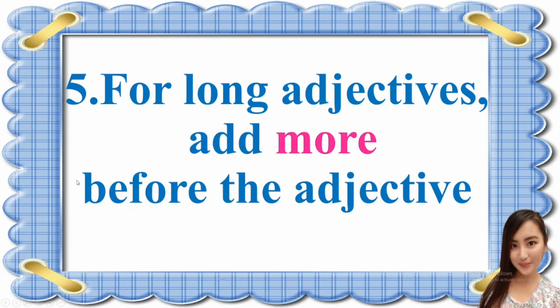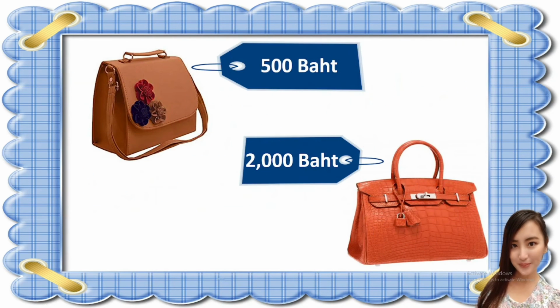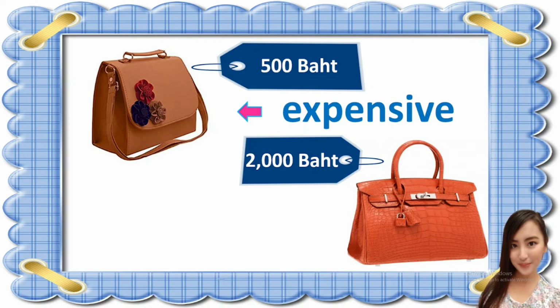Next, for long adjectives, add more before the adjective. For example, okay, so we have 2 bags. The first one costs 500 baht. This one is 2,000 baht. So this one is expensive.